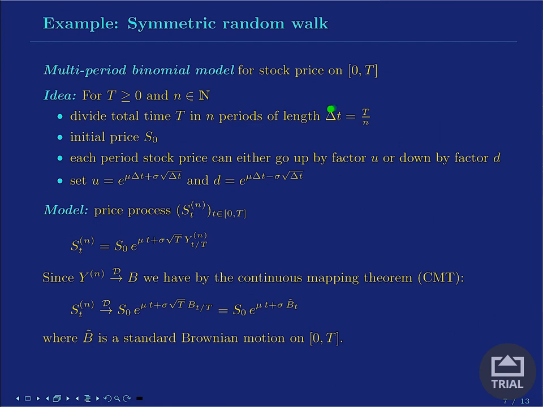Then each period has length delta t, which is the total length capital T over n. We have an initial price S_0, and in this model, at each period the stock price can either go up by a factor u or down by a factor d.